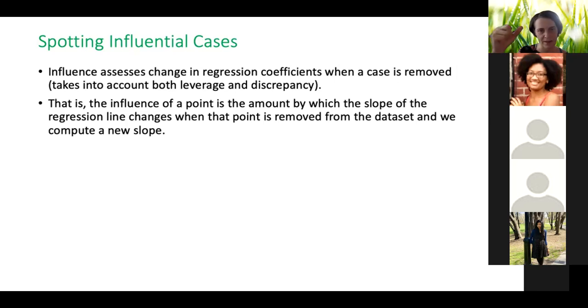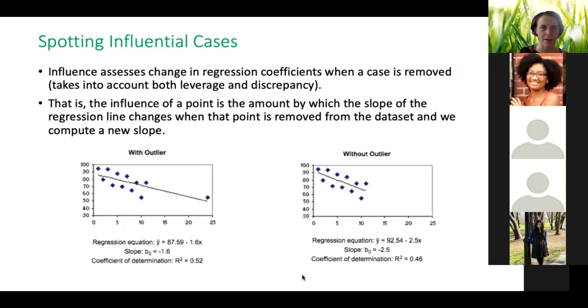The difference between the slope without and with that point is a quantification of our influence, right? So that's another example here. With the outlier and without the outlier, we see the corresponding regression equations. We see that the slope parameter is minus 1.6 in one case and minus 2.5 in the other case. So that is a huge difference.